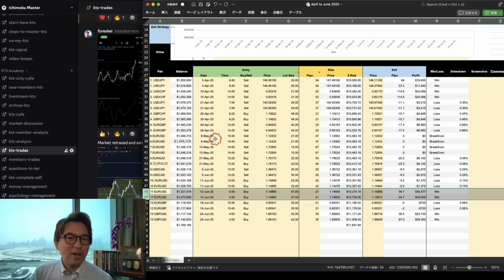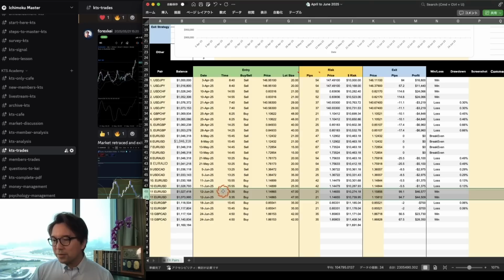In the month of May also, before I talk about this winning trade, I remember I saw some trends, but they happened in the Asian session. Some pound or euro trends happened in the early Asian session, so I was sleeping and I wasn't able to capture those.